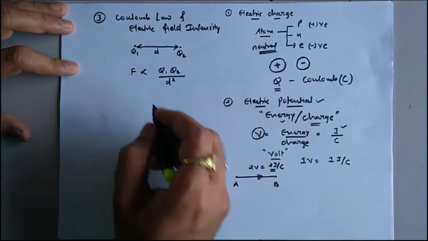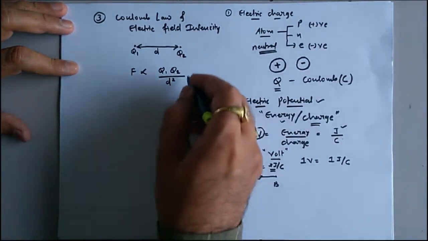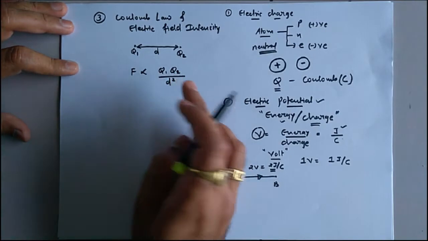So in that particular case, this force is given by Professor Coulomb. So F is proportional to Q1 Q2 divided by d square.